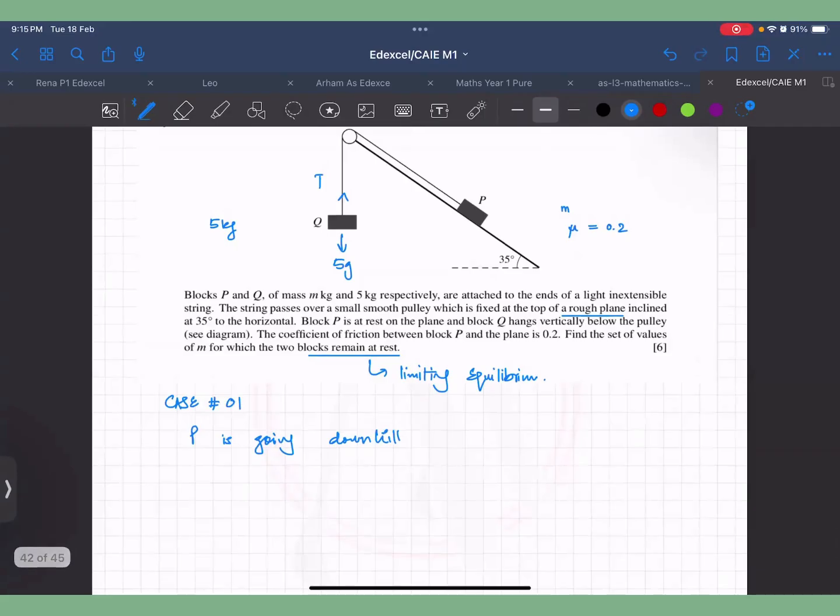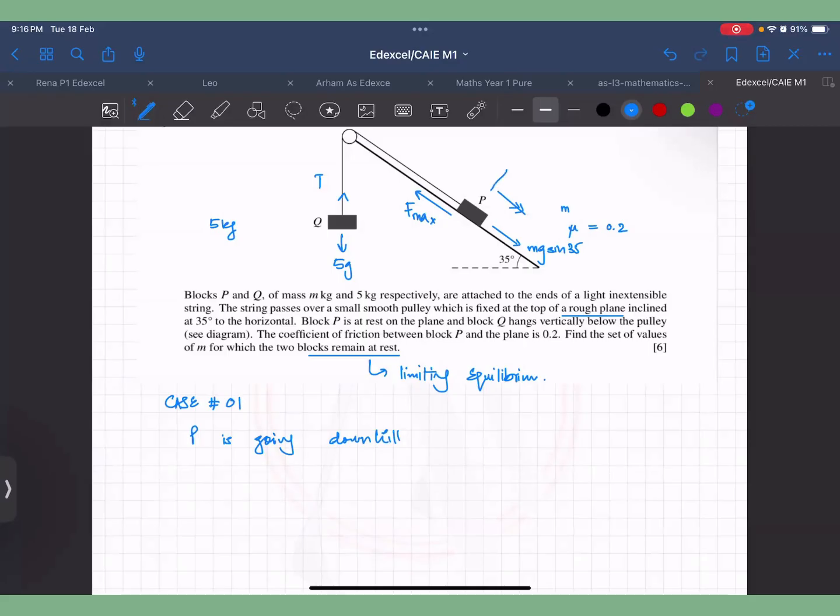This means the motion is downward, it is about to go down. So the force of friction would be parallel to the plane, upwards. And the weight component of P would always be down the plane, which would be mg sin 35. We learned that the weight component is always mg sin theta.